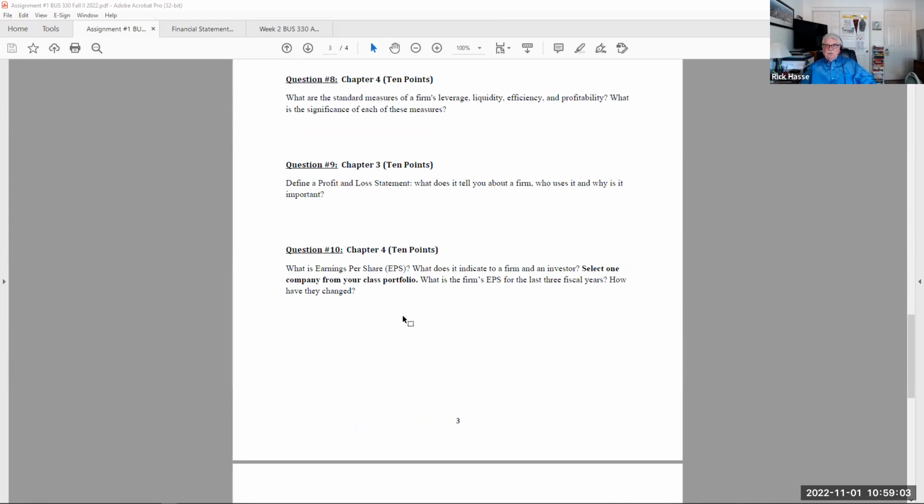The earnings per share for the last 3 years of one company in your portfolio. I want you to do 2 things to properly answer the problem and get full credit. List the 3 years' earnings per share and the date of those fiscal years. Give a brief paragraph explanation of your interpretation of how those earnings per share have changed over the 3 years.